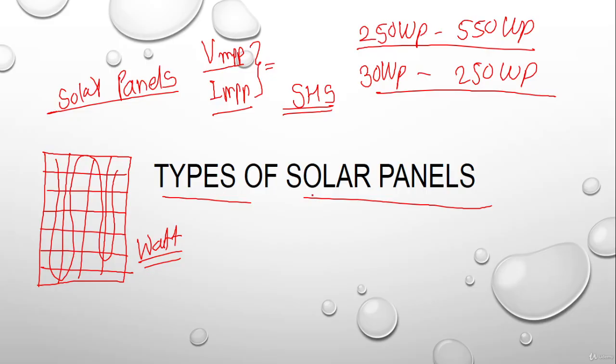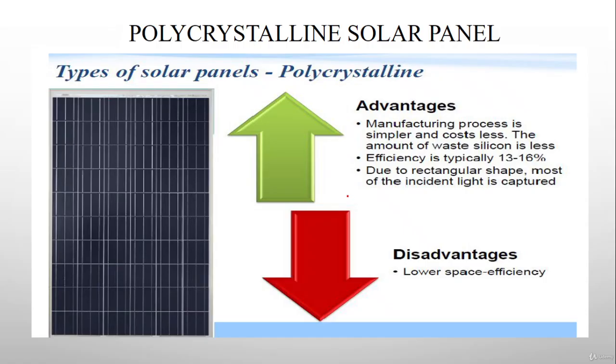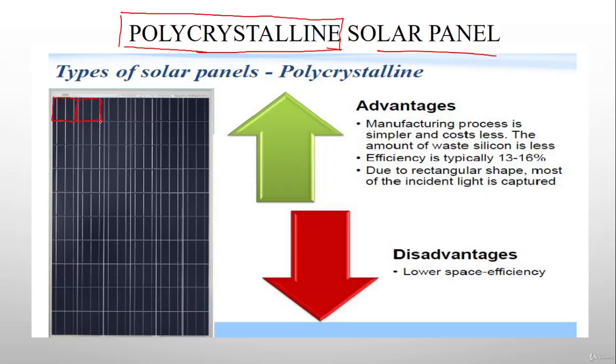In this session, we're going to talk about the different kinds of solar panels available. The first popular panel is the polycrystalline solar panel, made through polycrystalline solar cells. The rectangular solar cells visible in this image are called polycrystalline solar cells.